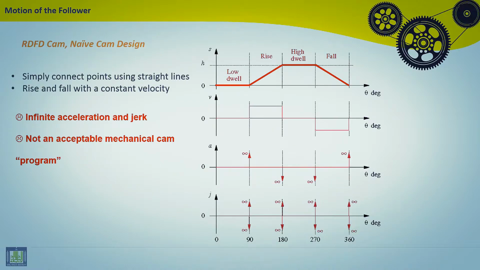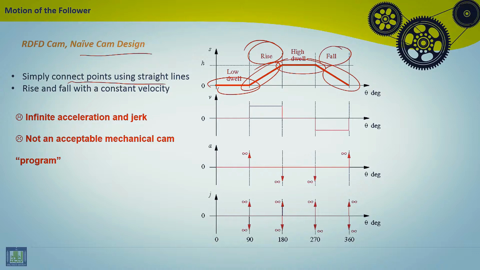The most naive cam design is to simply connect points using a straight line, especially in rise and fall phases. So rise and fall with a constant velocity.